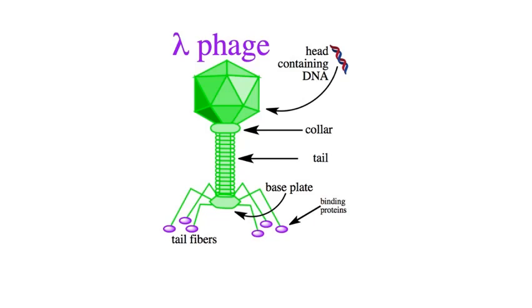Now when a phage is infecting an E. coli cell, it attaches to the surface with the help of these tail fibers, and then it drills a hole in the cell wall and squirts its chromosome into the bacterium, leaving its coat behind.